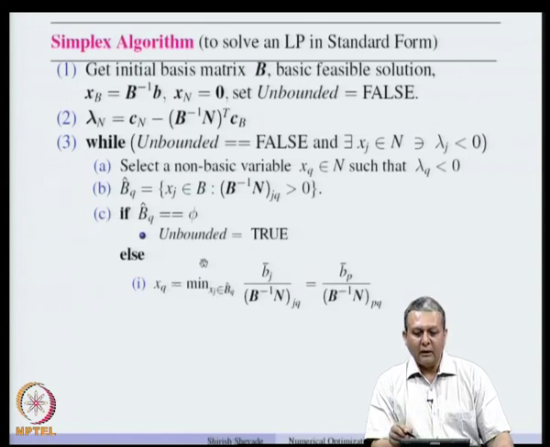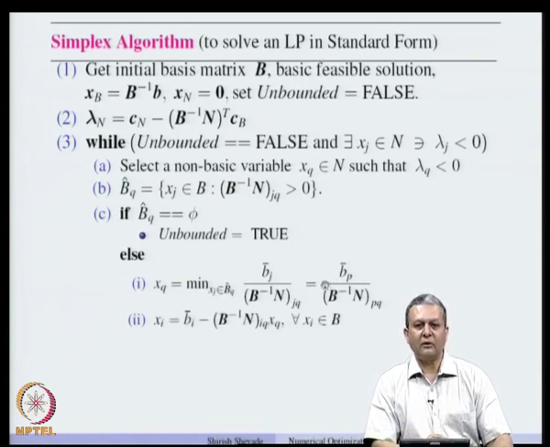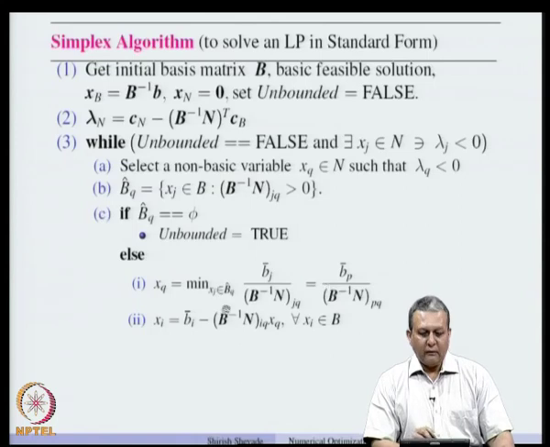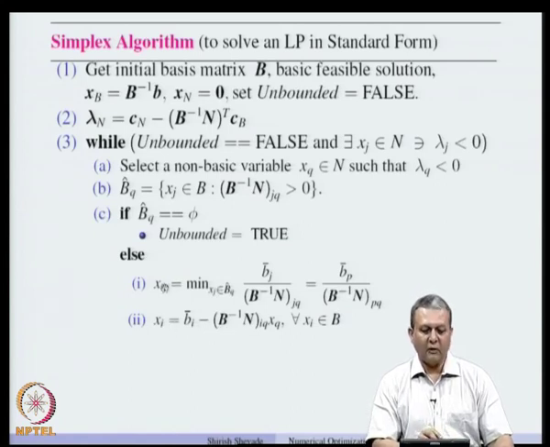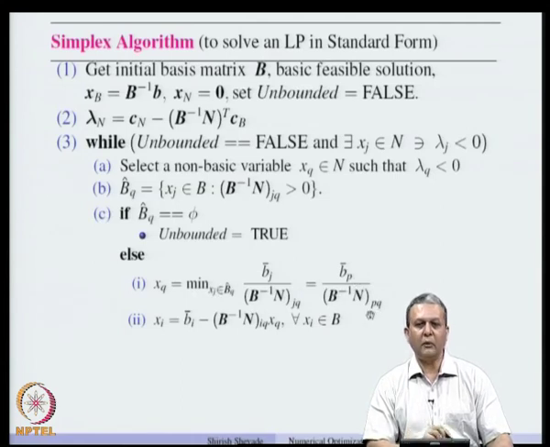Remember that x_q earlier belonged to the set N, meaning x_q's value earlier was 0, and now we are going to make it positive based on the minimum ratio test. And then we update all the basic variables. In that process x_p will become 0, because we have set x_q to be B bar_p by (B inverse N)_pq.